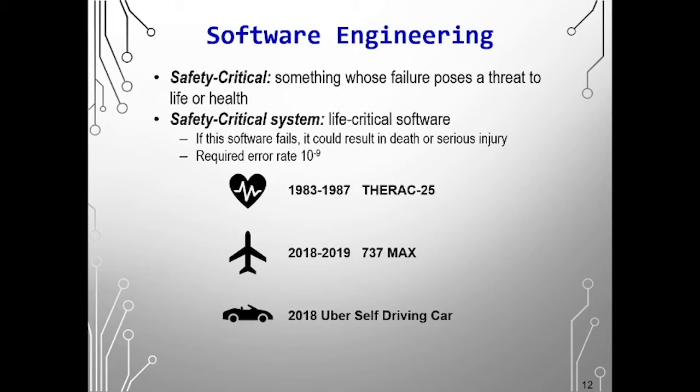There are some forms of software that are considered safety critical. This means that if something goes wrong with the software, it poses a threat to life or health. Safety critical systems or life critical software are usually required to have an error rate of 10 to the negative 9. That's a 1 with 7 zeros in front of it.